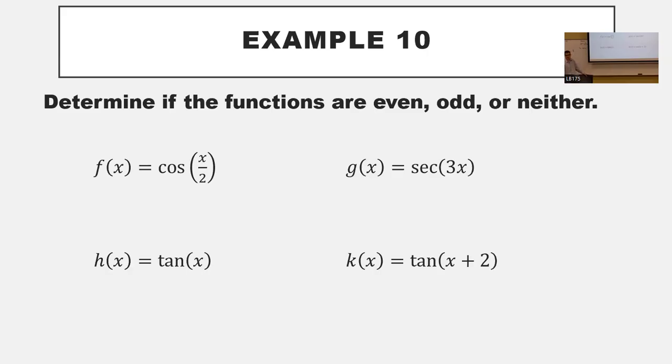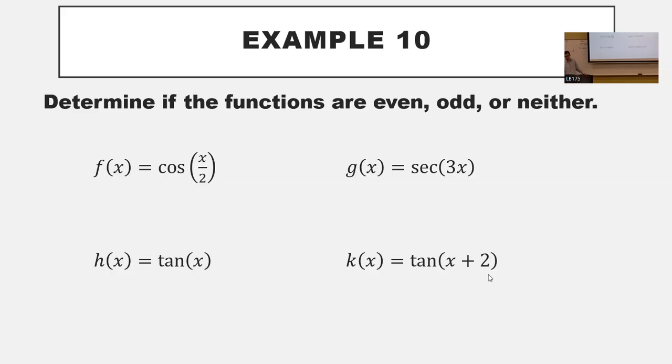There's no stretch there at all. That's still odd, I guess. Not very interesting, is it? Secant, that's going to be, well, that's 1 over cosine, so that's still even. Right? That's just a stretched out secant, still even.